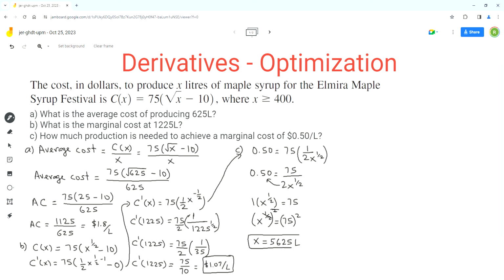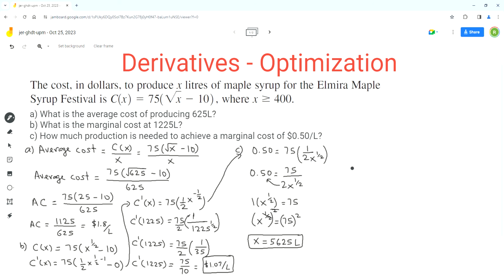So this should be the final answer for part C. This means that if we produce 5625 liters of maple syrup, the marginal cost will be $0.50 per liter.